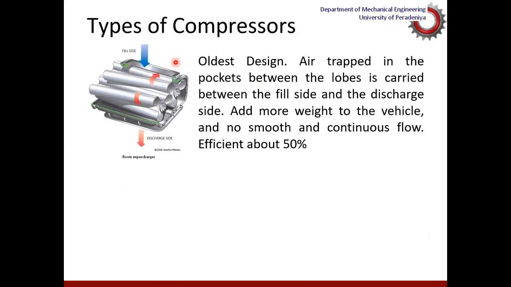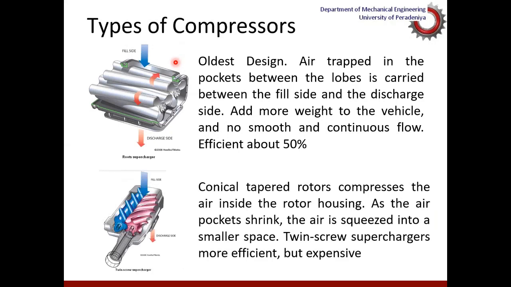The oldest design is the Roots compressor. The problem with the Roots compressor is that it's bulkier, so its weight is too large, and at the same time the efficiency is around 50%. As a result, people invented screw type compressors, where there are conical tapered rods inside the rotating housing.